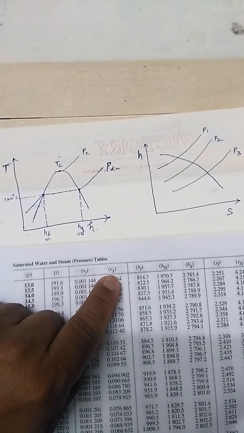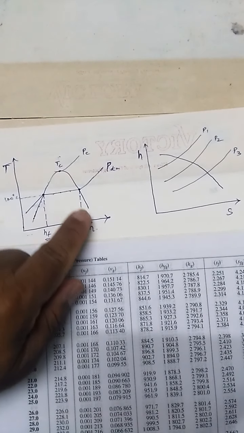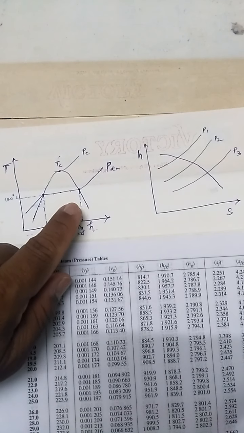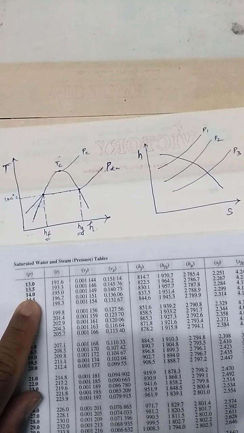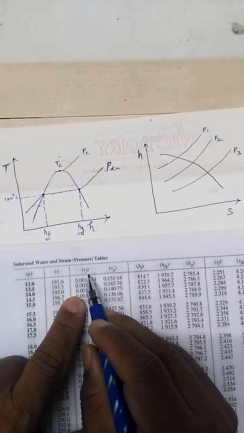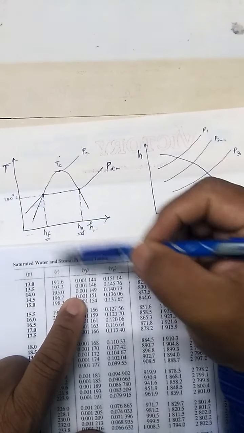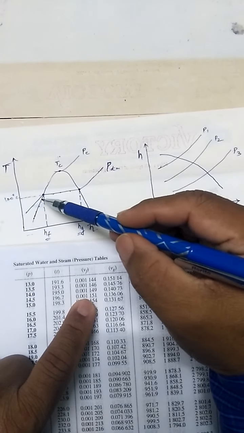And this is Vg. This Vg is related to the gaseous point, that is the steam point. For example, at 14 bar I get the specific volume at the liquid stage, that is Vf, as 0.00149 meter cube per kg.